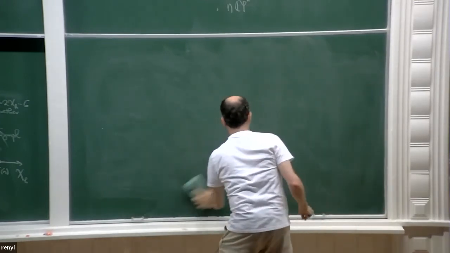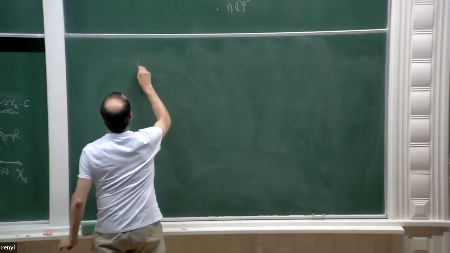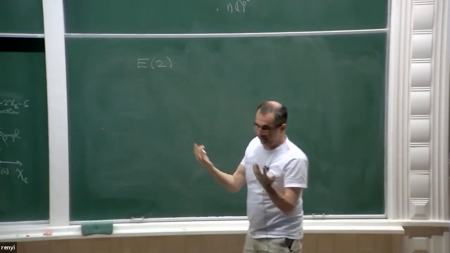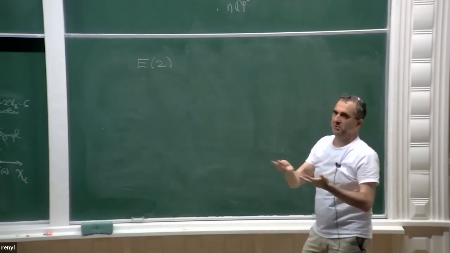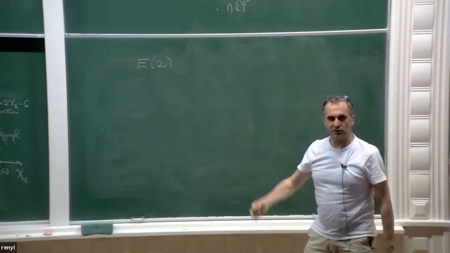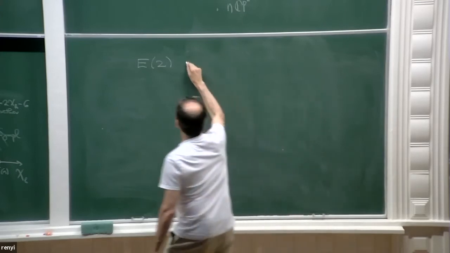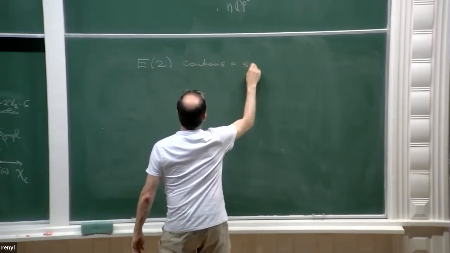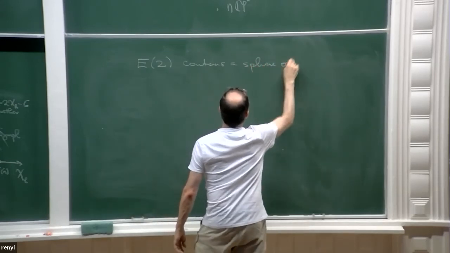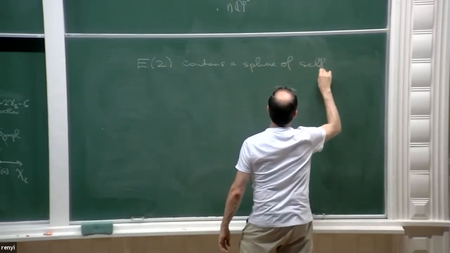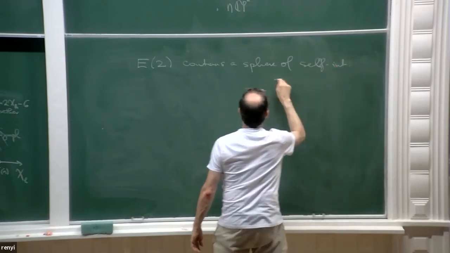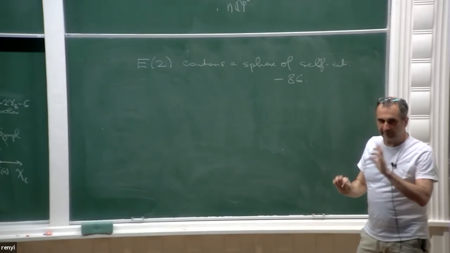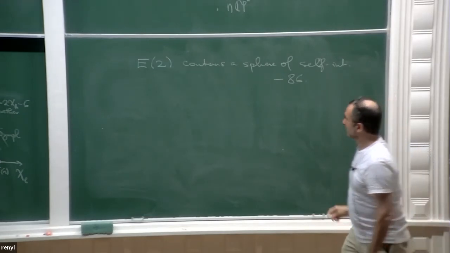So we take the K3 surface, and it contains many spheres of self-intersection -2. We saw that today. It contains a sphere of self-intersection -86. It's not an absolutely trivial fact. It's not very hard to verify.